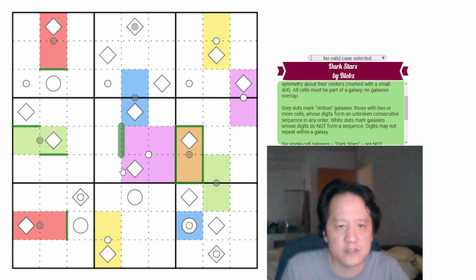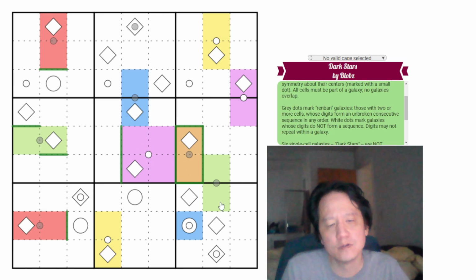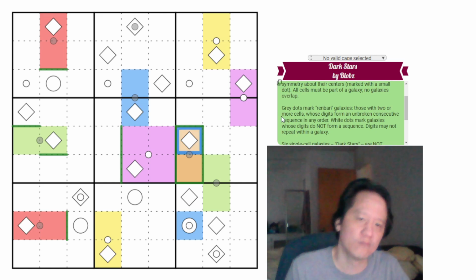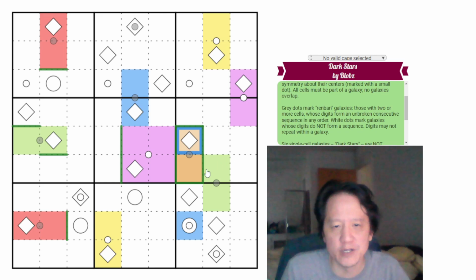So then this has a border too. This one we don't know. Right? It cannot go up and down. It can't go left and right. So this one's just these two. And it's a Renban. So this is the smaller of them, which doesn't give us much. It's 1 through 8, and this is the bigger one of them. It's 2 through 9.